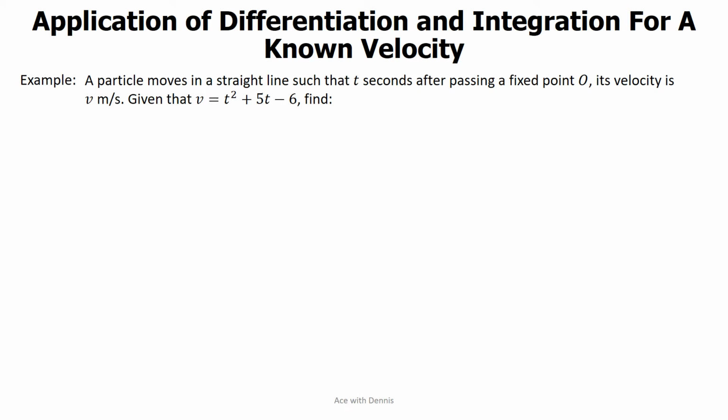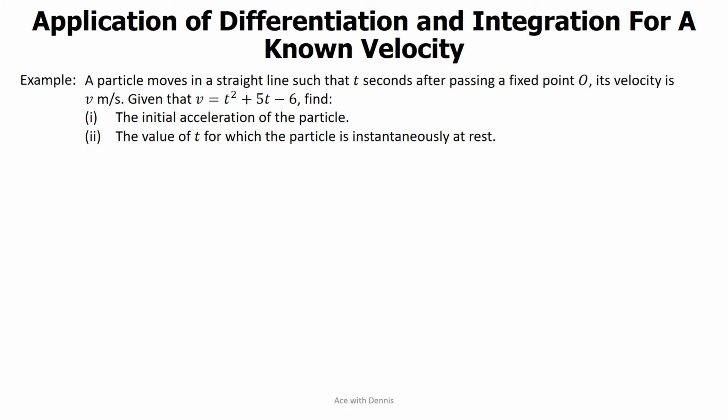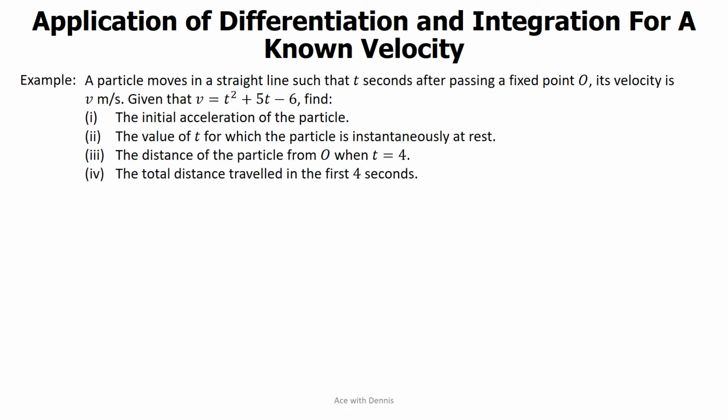Given that v equals t squared plus 5t minus 6, find 1, the initial acceleration of the particle; 2, the value of t for which the particle is instantaneously at rest; 3, the distance of the particle from O when t equals 4; 4, the total distance traveled in the first 4 seconds; 5, the average speed of the particle during the first 4 seconds.